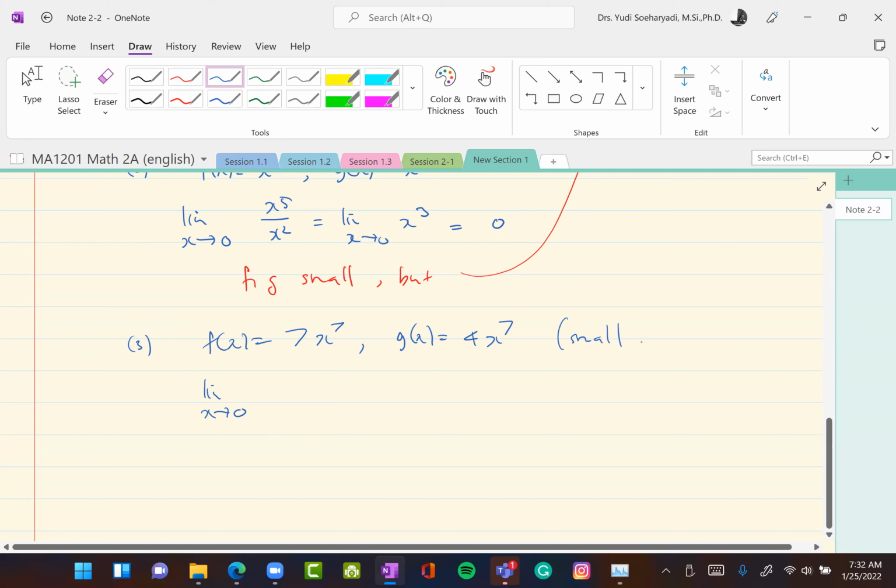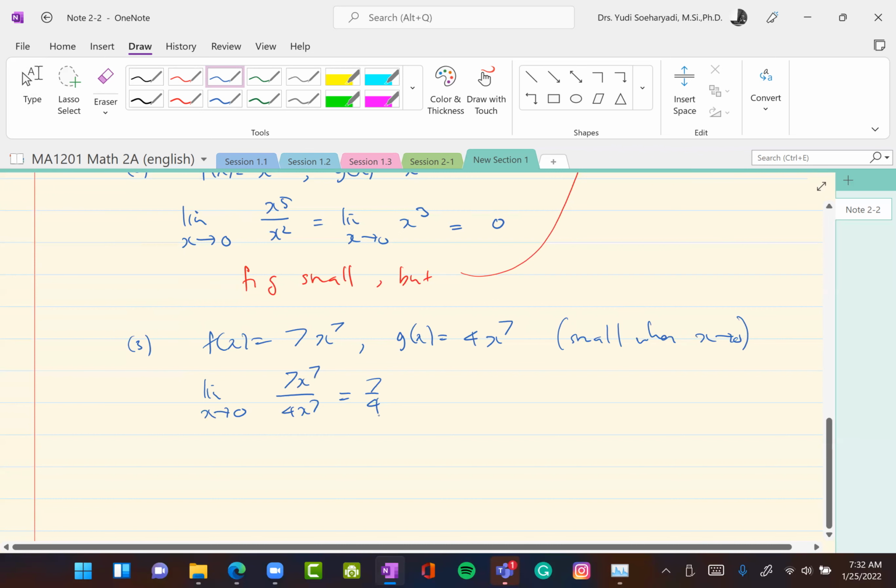So both are small when x is small. See? Well, you can cancel both and then we get a number.